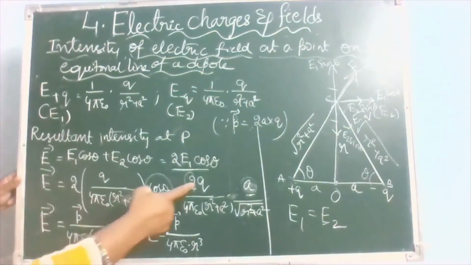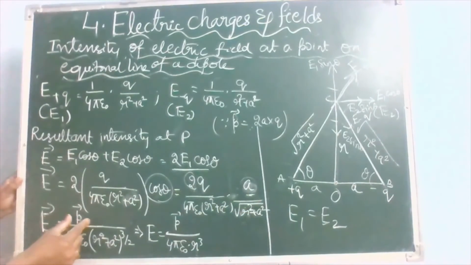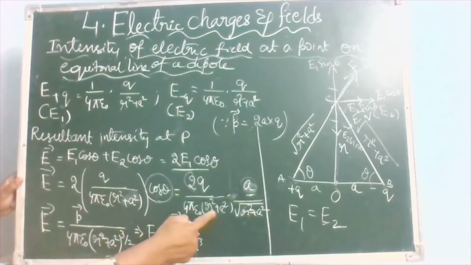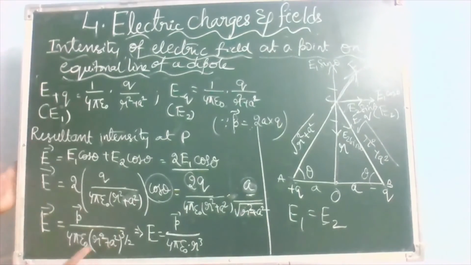So E equals, this product gives the electric dipole moment, P by 4 pi epsilon naught into R square plus A square whole to the power of 3 by 2.